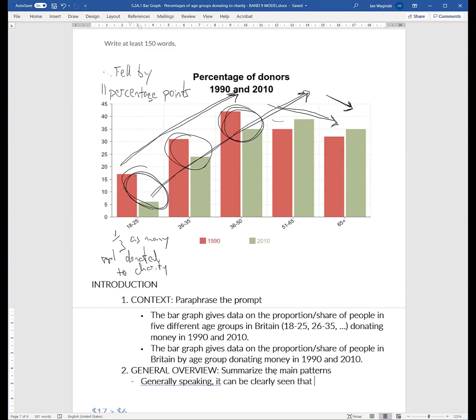Not that they gave more money. Sorry, it's about the people. The number of people. Yeah, number of people. And then you're on the right track. And then what about the other ones? What we've seen, it's dropping after.